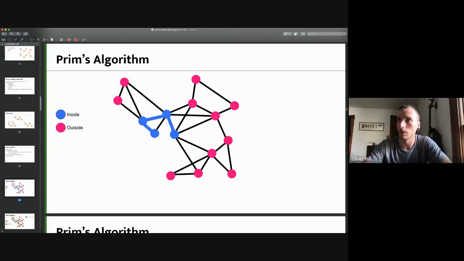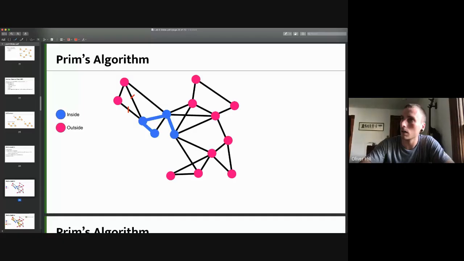Okay, so here's just a quick example. We have these 4 nodes on the inside, and we're just going to evaluate what is the closest. So I'm going to slash them, I guess. We'll look at that one. We'll look at this one. We'll look at that one. We'll look at that one. Look at this one.